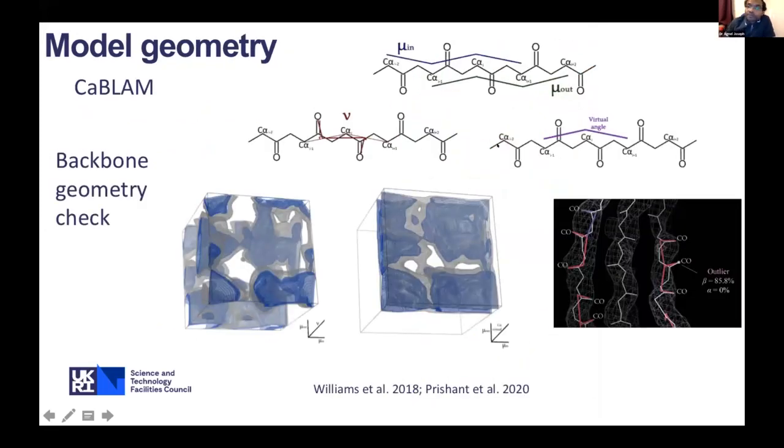So CaBLAM is a method developed by Jane Richardson's group and co-workers, Chris Williams and Jane Richardson. And it essentially tries to address this problem. So it looks at the quality of the backbone, looking at pseudodihedrals. So these are, for example, the dihedral between consecutive C alphas, or the dihedral involving the carbonyl atoms and so on.